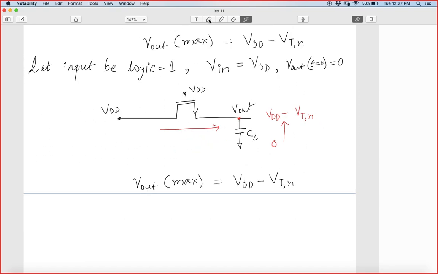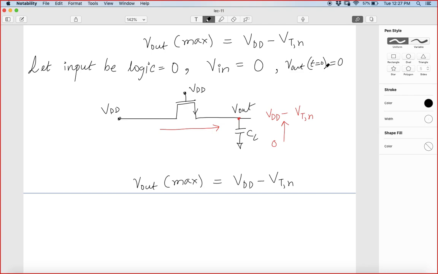I have applied a logic 0, which means V in is equal to 0 volt, and V out initially, let's assume it to be at high, at VDD. Of course, maximum it can reach is VDD minus VTN.